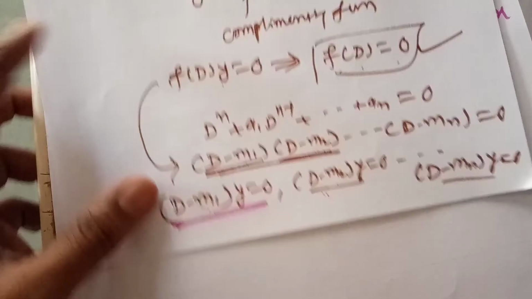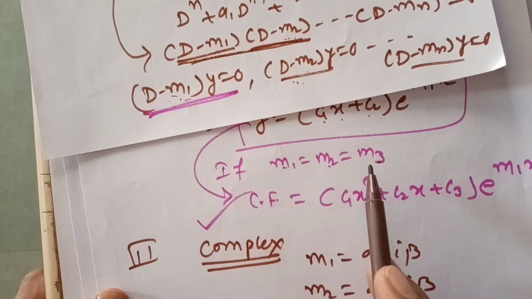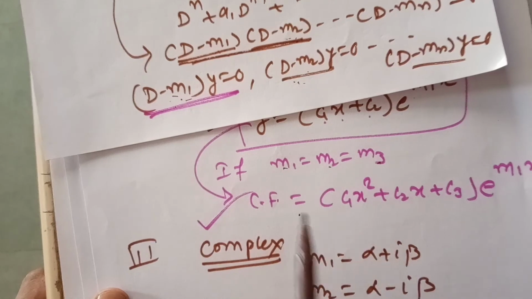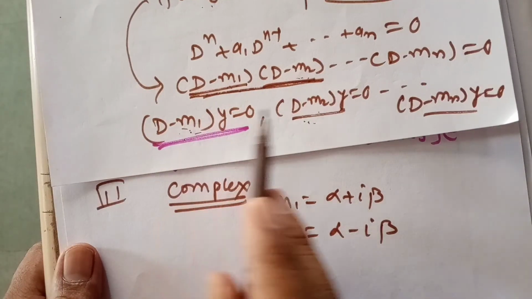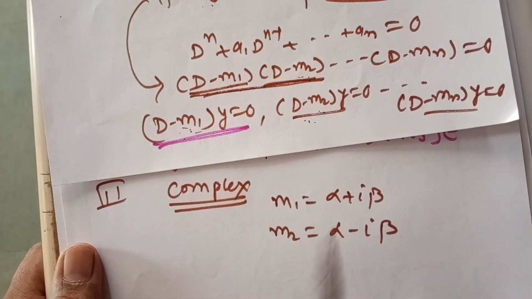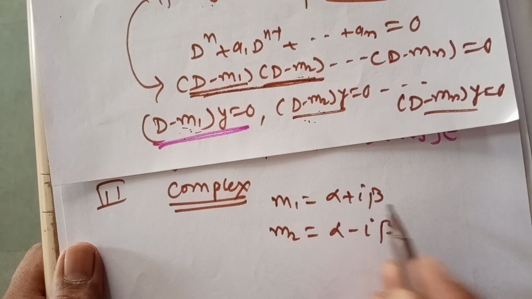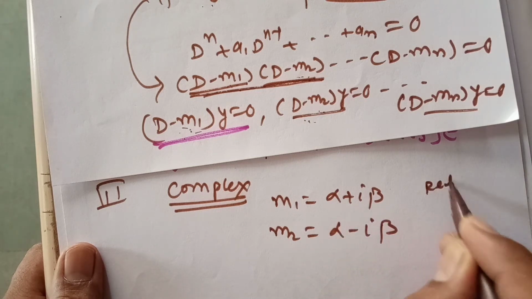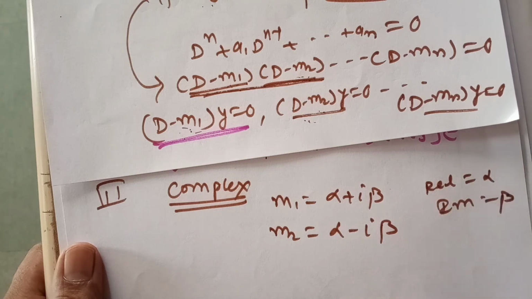Again, we have gone through this case also. Suppose the first three roots are repeated, then what will be CF? Now the third case, suppose m1 and m2 both are complex roots, then what will happen? This real part is alpha, imaginary part is beta.